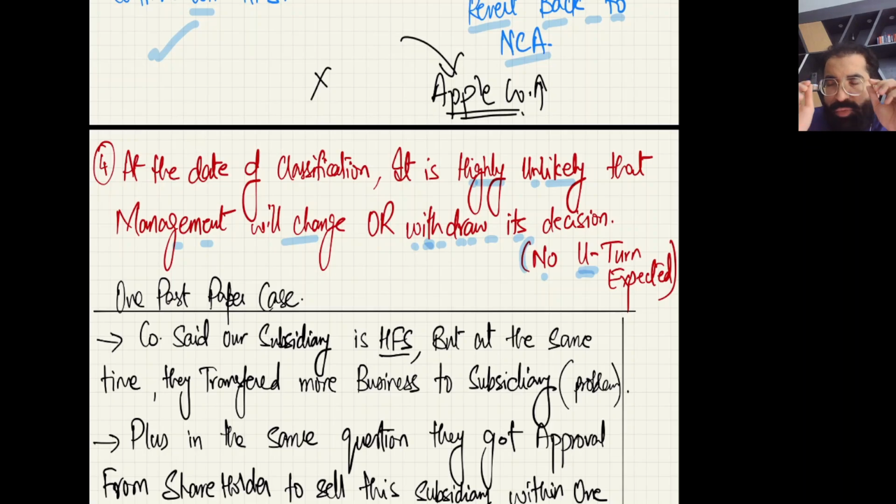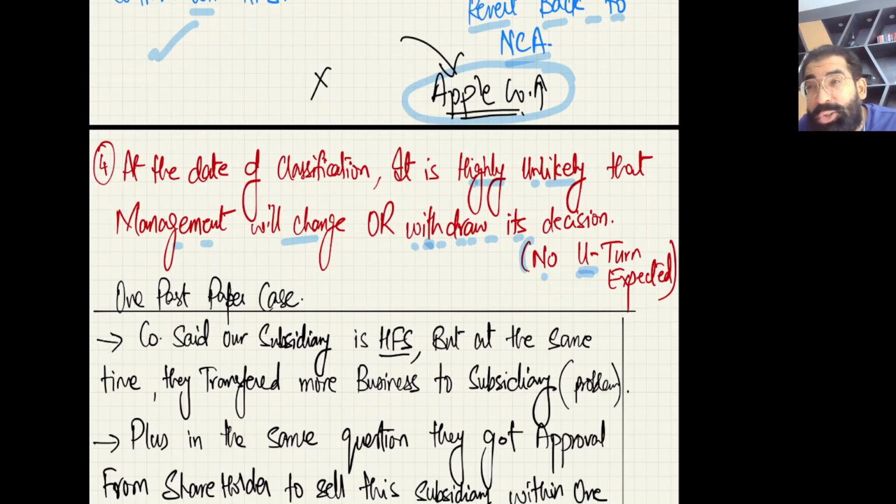Okay, let me give you one practical example. Listen, for example, I have a building, I have a property, and I'm saying that I want to sell this property. But after a few minutes, I said one more thing. I said, I also have Apple company's shares. So if the share price of Apple goes up, then I will sell Apple's shares and I won't sell this property.